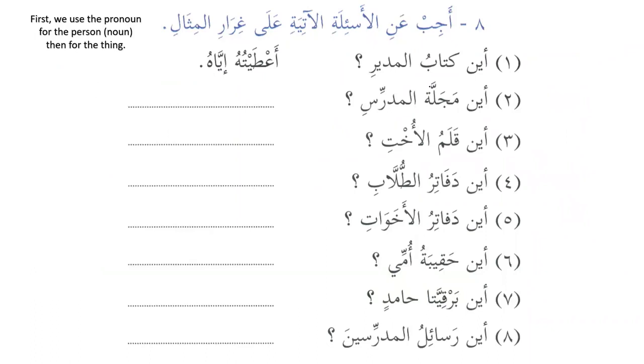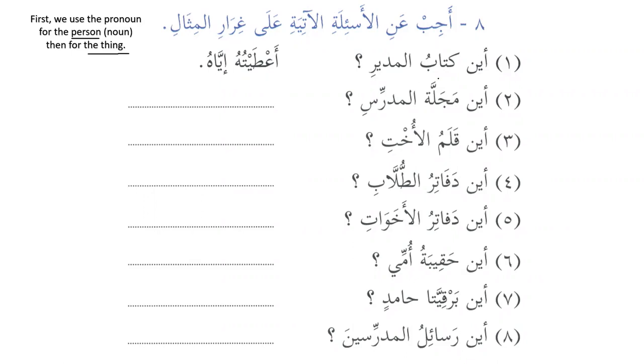Okay, if that's the case, then what we will do now, أجب عن الأسئلة الآتية على غرار المثال. Now we have to answer the questions based on the pattern. أين كتاب المدير؟ Where is the book of the teacher? أعطيته إياه. I gave it to him. First, we use the pronoun for the person or for the noun, and then we use it for the thing.